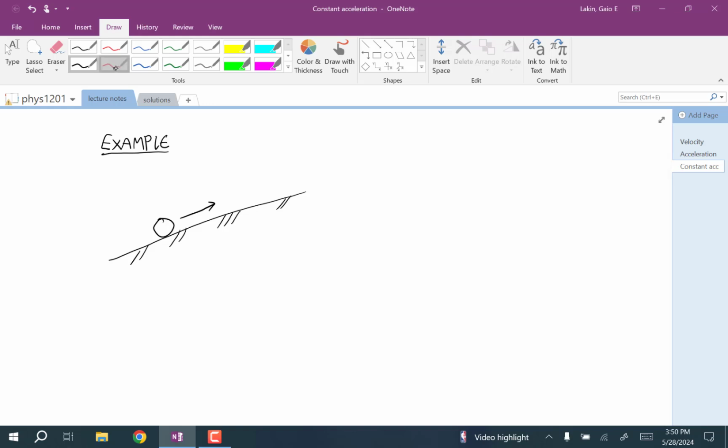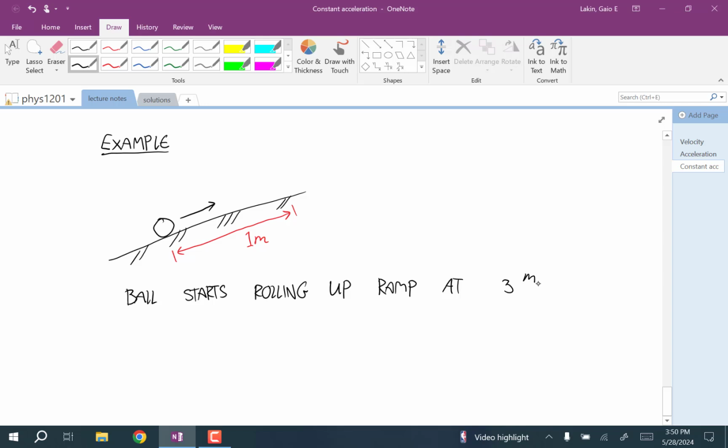And so let's say that this ball comes to rest, reaching its highest point 1 meter away from where it starts. And let's say that it starts rolling up the ramp at 3 meters per second.